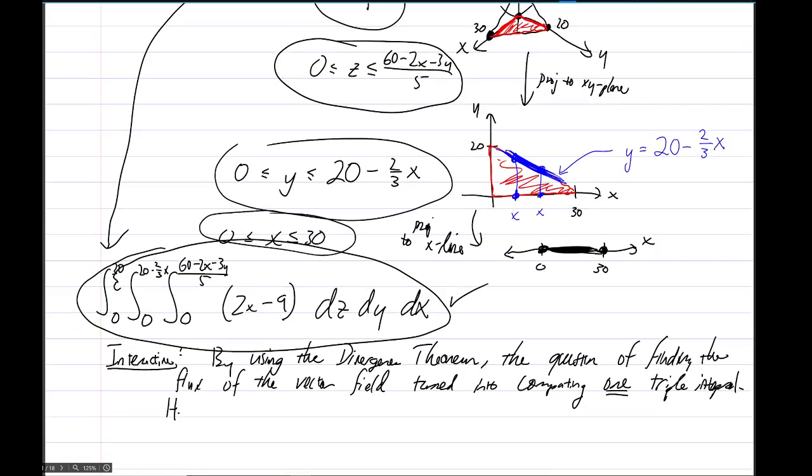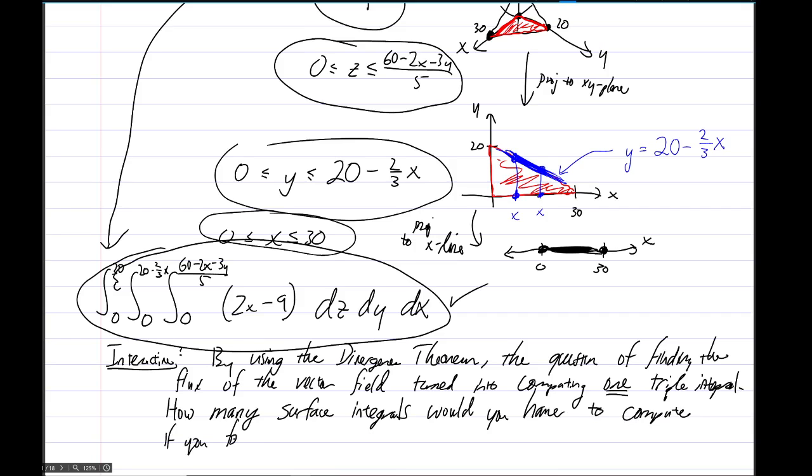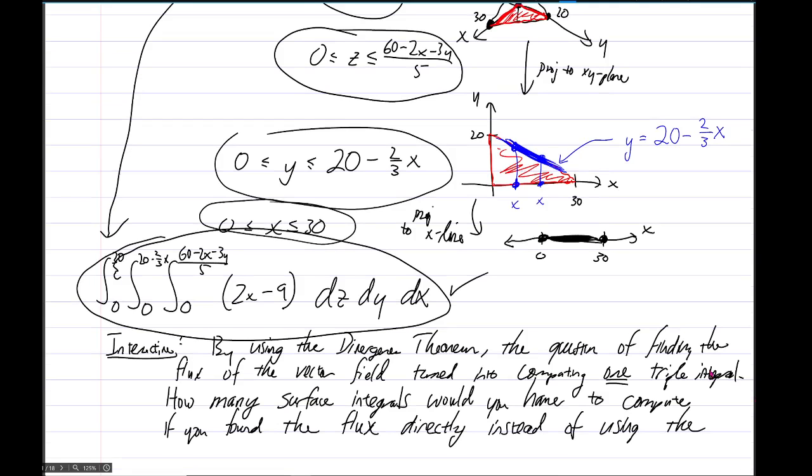How many surface integrals would you have to compute if you found the flux of this vector field directly instead of using the divergence theorem?